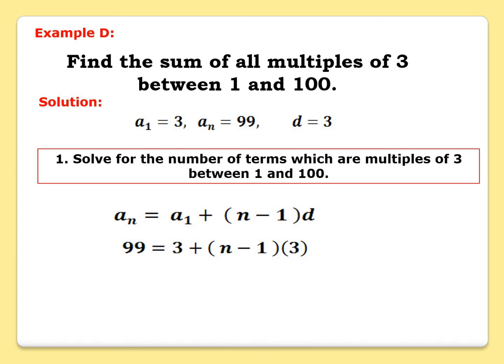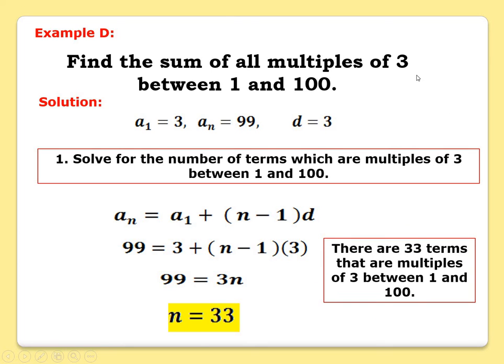And by substitution, 99 equals 3 plus the quantity n minus 1 times 3. And then 99 is equal to 3n, since 3 times n is 3n, 3 times negative 1 is negative 3, plus 3 is 0. Then divide both sides by 3. N is 33. Thus, there are 33 terms that are multiples of 3 between 1 and 100.